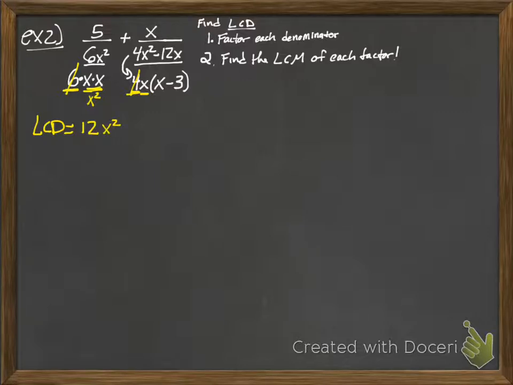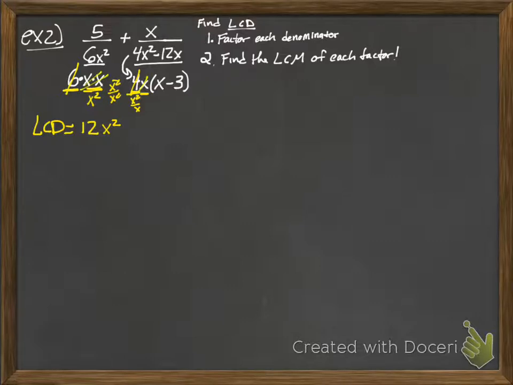Another way of thinking about least common multiple, guys, is what's the smallest term that both of those divide into? I know I can divide x squared by x squared, and I can divide x squared by an x. So the least common multiple of the x squared and x is an x squared. Now, I'm done with all of the x's.